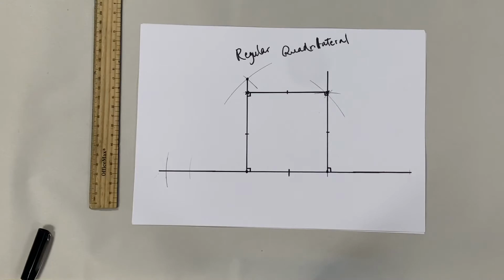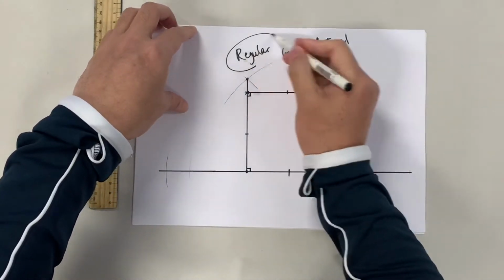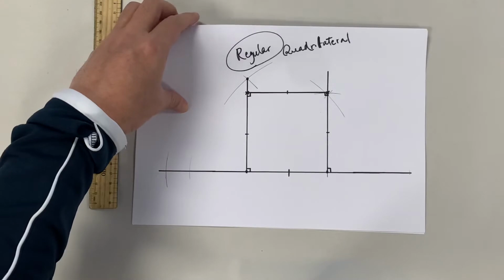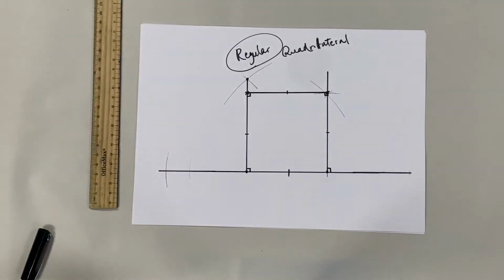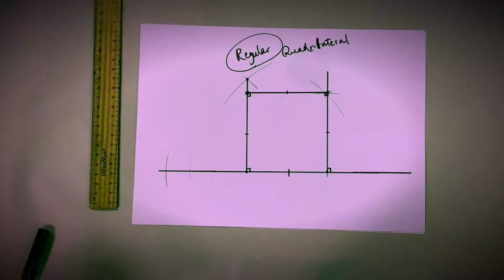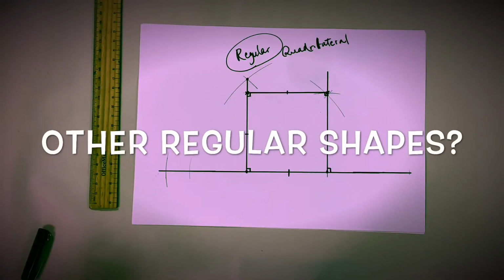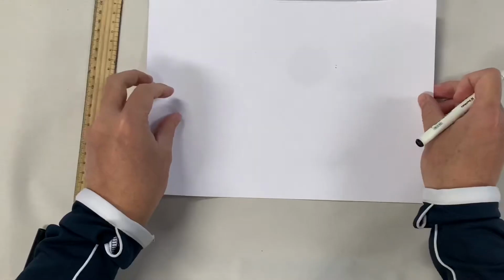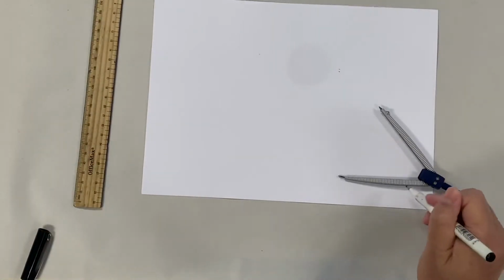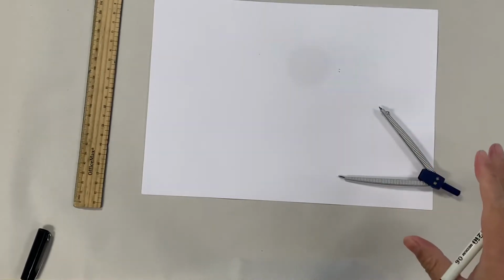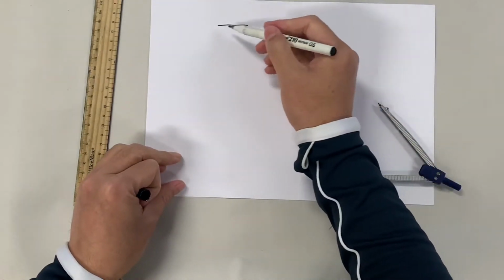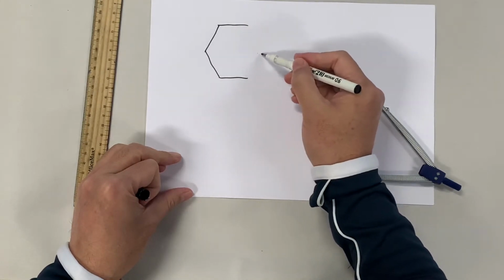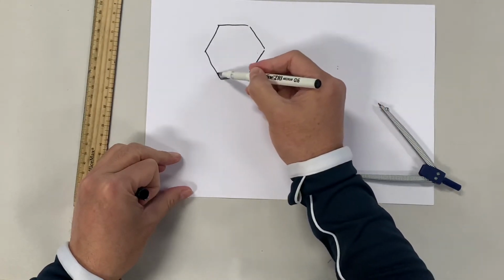Now, what else can we do? What more regular polygons can I draw? I'll give you a bit of time to think about it. Now, the second video of the compass drawing was about the angles. So, a regular hexagon should look like this, has the same length and the same angles.